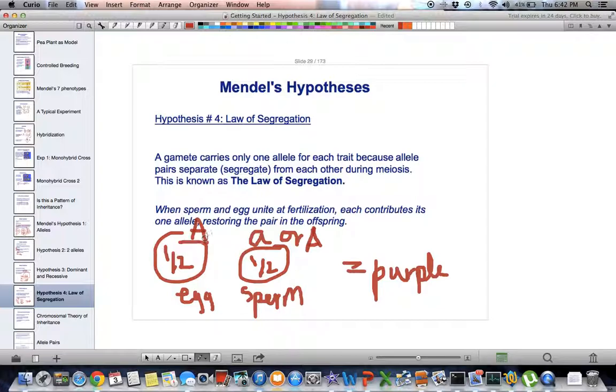Okay, so the combination of big A or little a will give us purple, or the combination of big A and big A will give us purple. Same thing here. But both of them cannot together have a little a. So one allele comes from each. So if we choose this to be the genotype for this phenotype, then that would be correct. On another occasion, this could be the egg carrying the big allele, which is the dominant allele, or the sperm can carry the other dominant allele to give us purple.